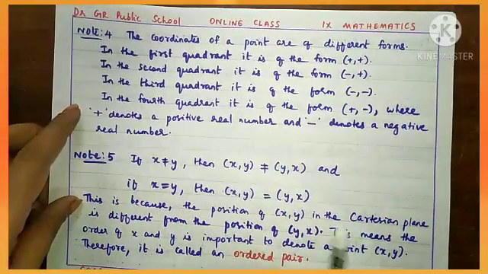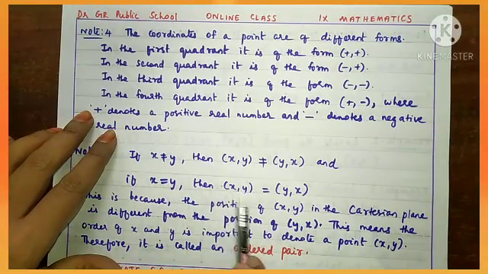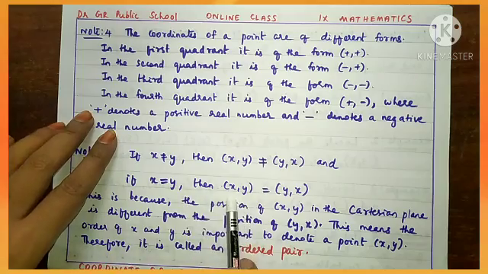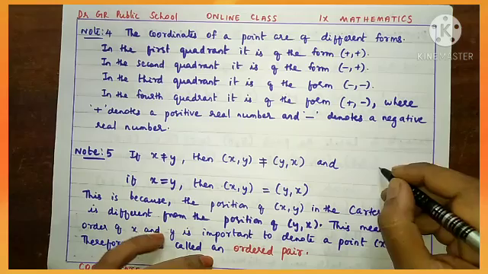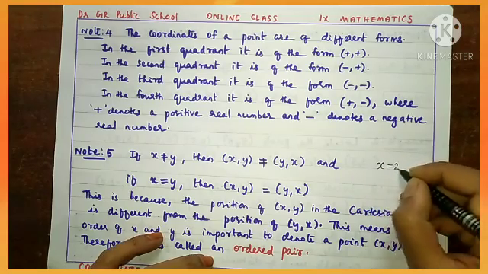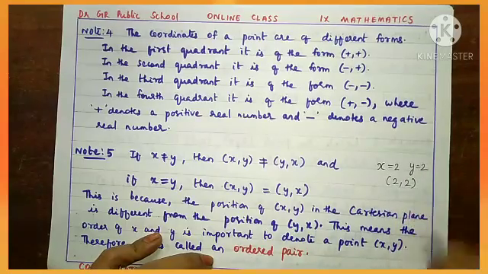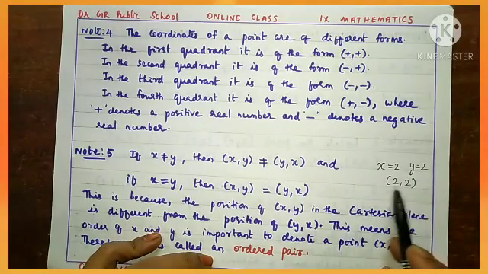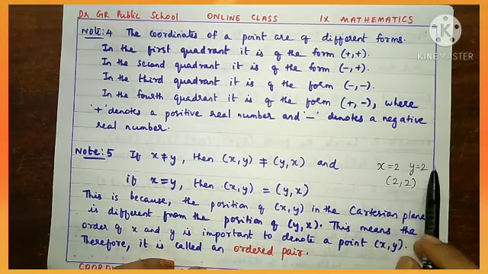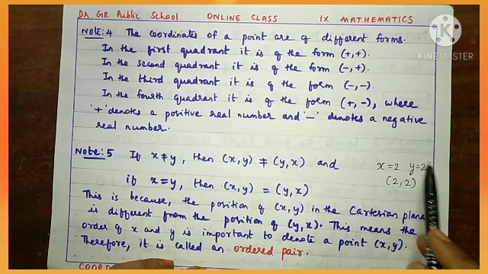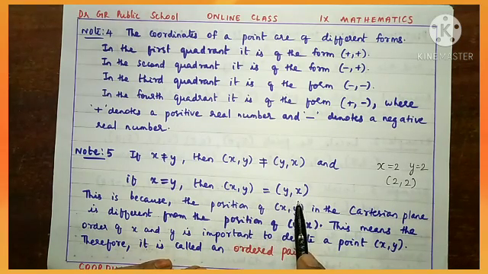Now there is one more thing: if x is equal to y, that means when x and y are the same, then we can say (x, y) is equal to (y, x). Because if x is equal to 2 and y is equal to 2, then what is the point? (2, 2). Understand? Even if we swap them, the point is the same. Only in the case when x equals y and y equals x does the point (x, y) equal (y, x).